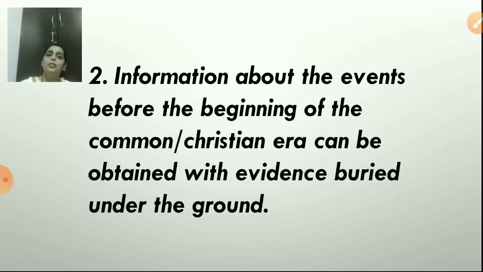Information about the events before the beginning of the common Christian era can be obtained with evidence buried under the ground. Some of these events can only be known with the help of such evidence.